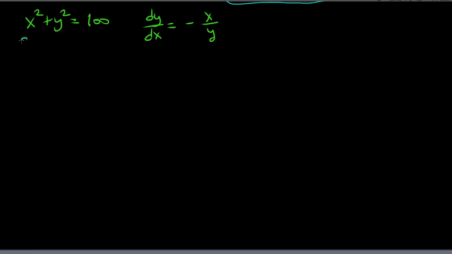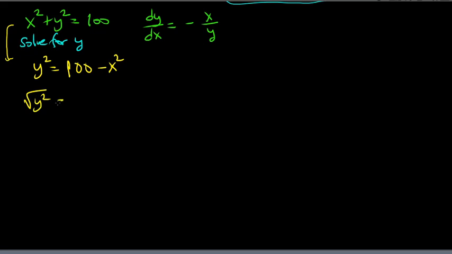I can solve for y here. Maybe not great, but I can solve for y. So if I subtract x squared from both sides, I get y squared is equal to 100 minus x squared. Okay, so far? Now, just take the square root of both sides.